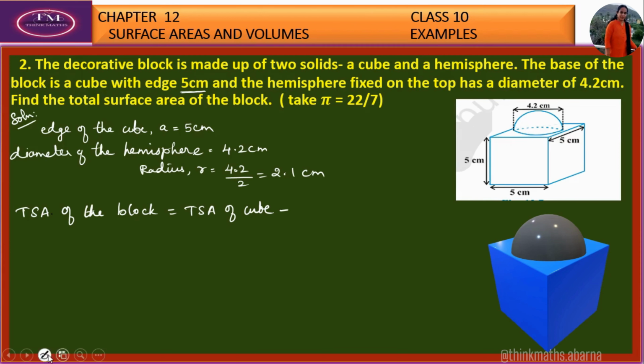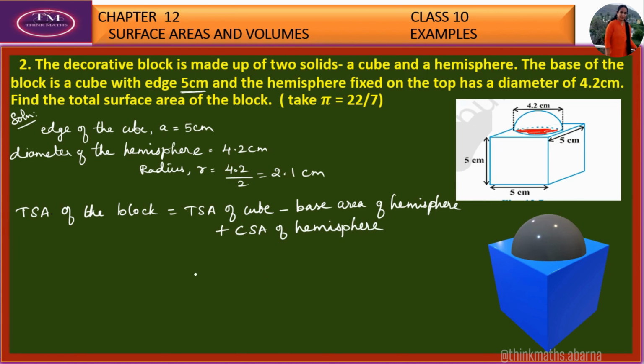This red portion is not included. So we have to take away that. So minus base area of hemisphere plus curved surface area of hemisphere. So these are the things we have to find out the total surface area of the block.